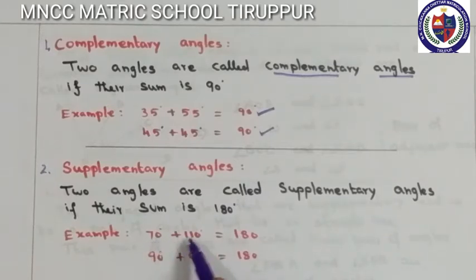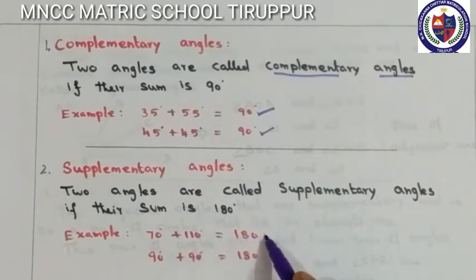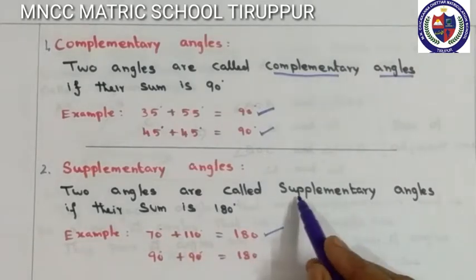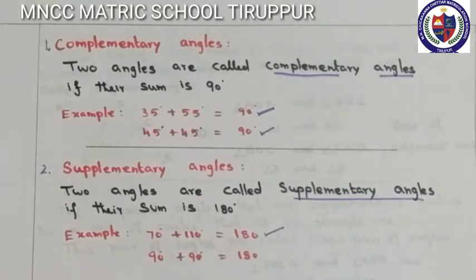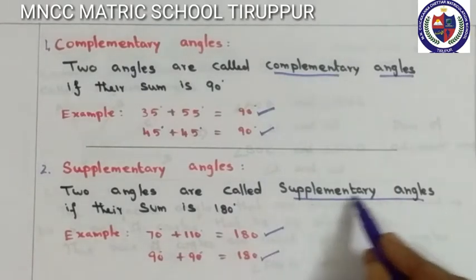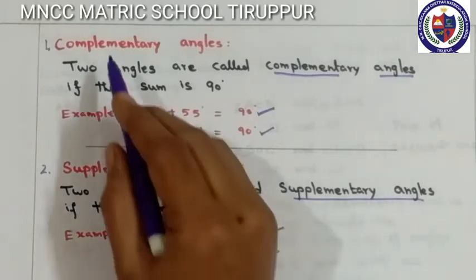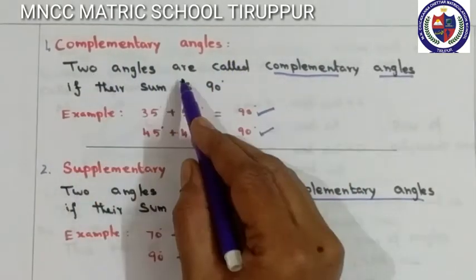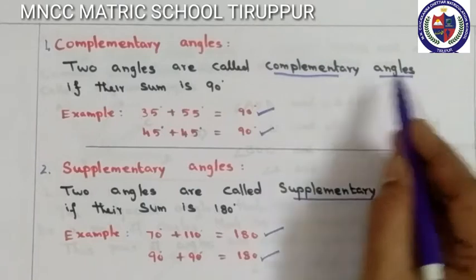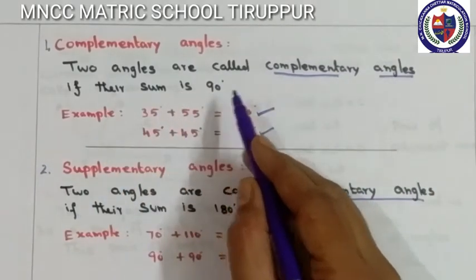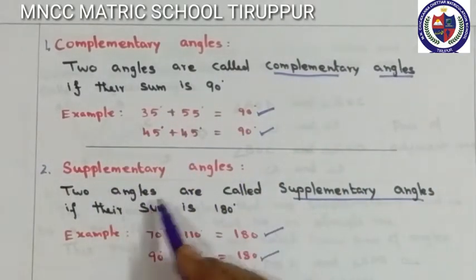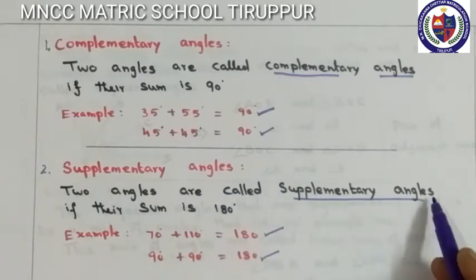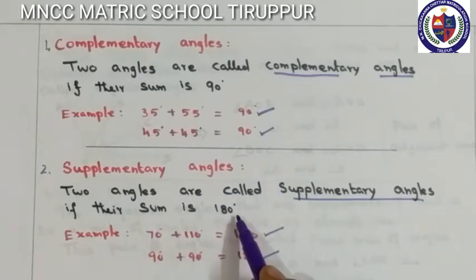The sum of the two angles is 180 degree, so that is called supplementary angles. 90 degree and 90 degree, two right angles, sum is 180 degree, so they are supplementary angles. So complementary angles are two angles whose sum is 90 degree. Supplementary angles are two angles whose sum is 180 degree.